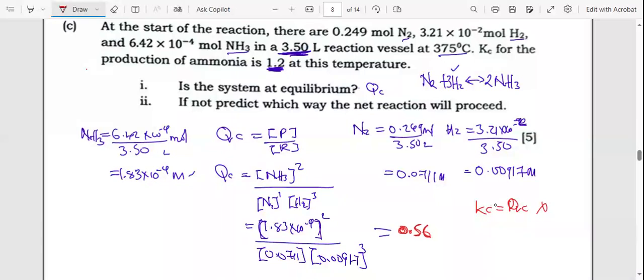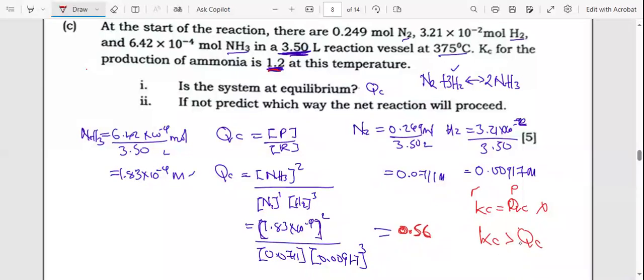This means that the system is not at equilibrium, unless they were equal. Now which one is big? This one is big. So we are saying Kc is greater than Qc.